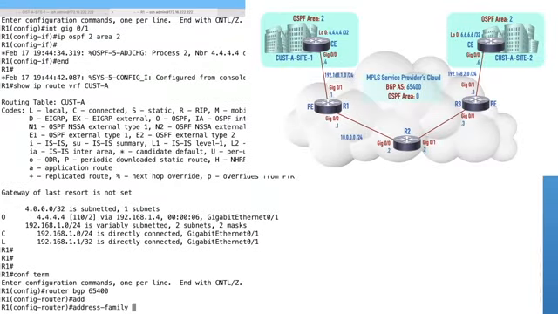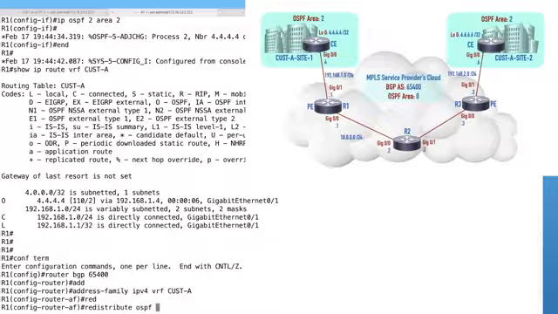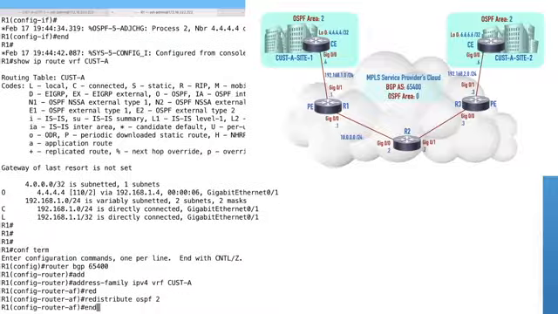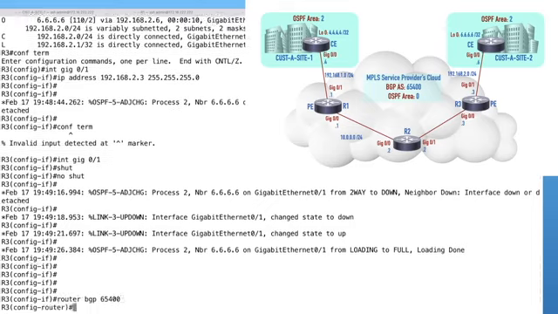To get into the right configuration mode, I'm going to say the address family is going to be IP version 4 for VRF customer A. I'm going to redistribute OSPF process ID 2. Let's do the same thing on R3. Router BGP 65400.